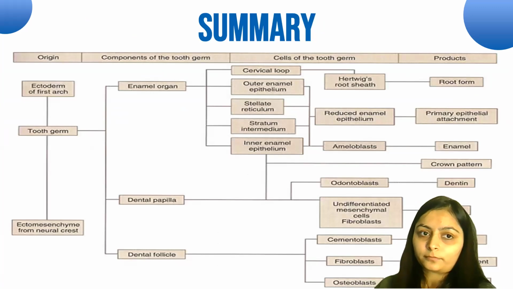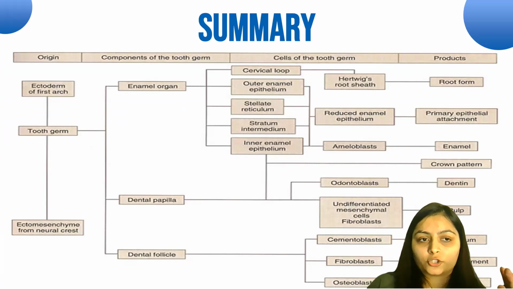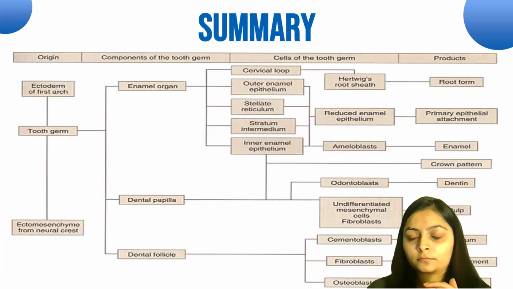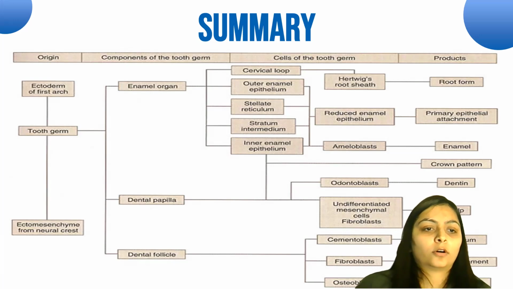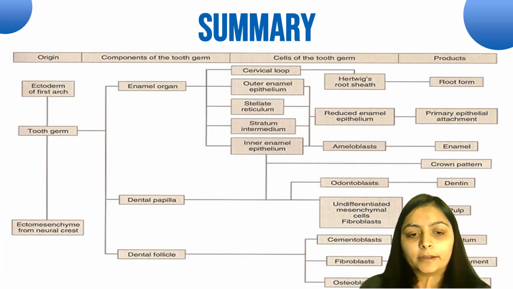This is the summary of what we have learned: the origin, components of the tooth germ, cells of the tooth germ, and products. Origin: it originates from the ectoderm of the first arch, then develops into the tooth germ, and it divides into the enamel organ, dental papilla, and dental follicle.